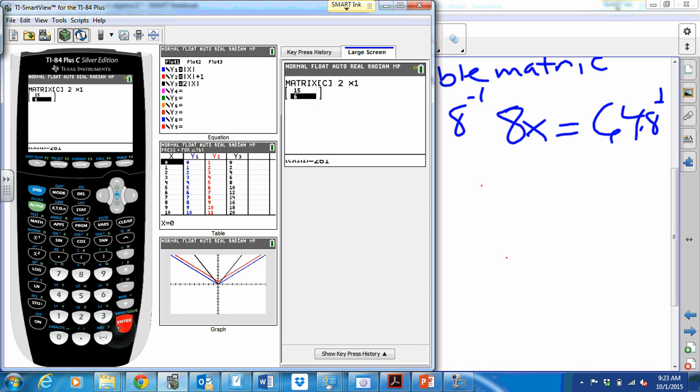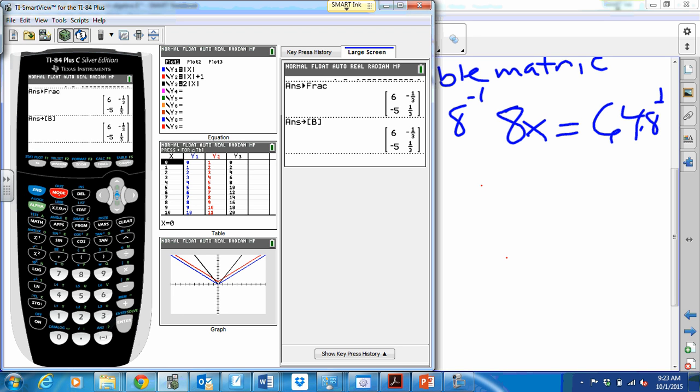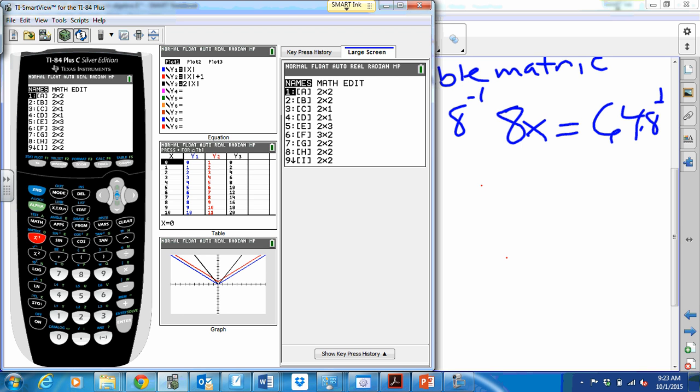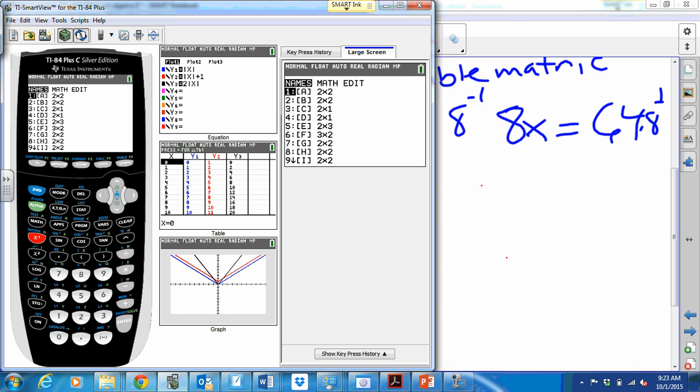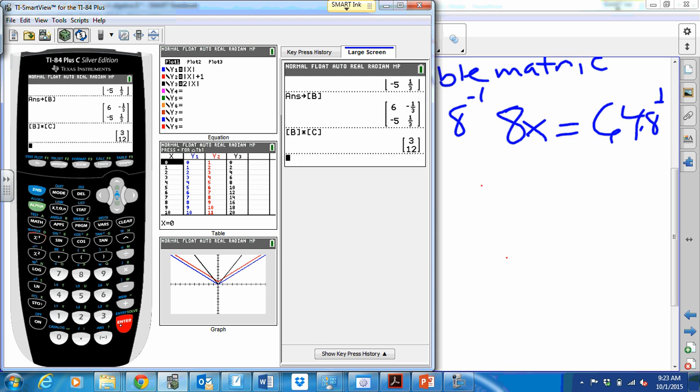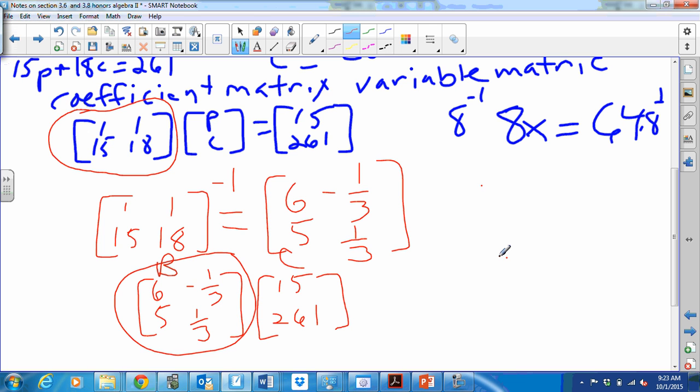And you'll know if you've multiplied incorrectly because it'll yell at you. So I want to do matrix B times matrix C. We get 3, 12.